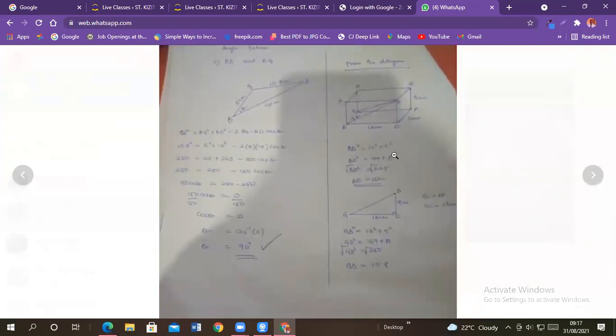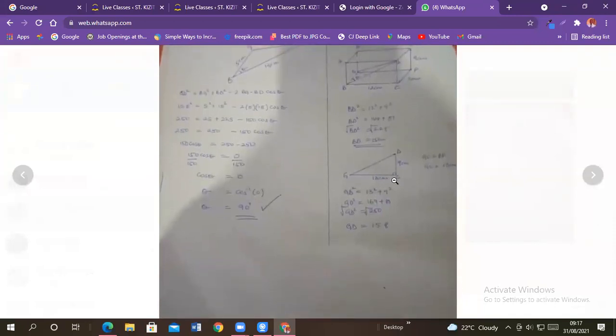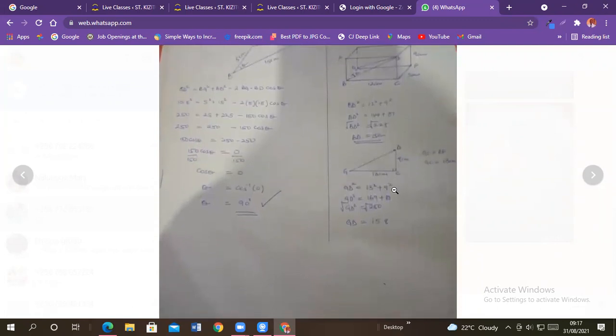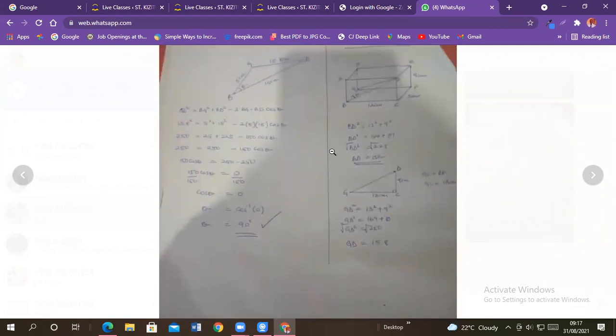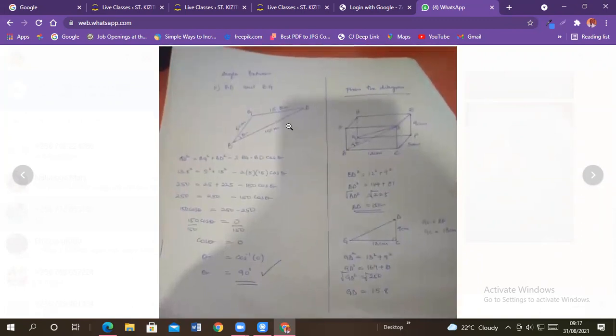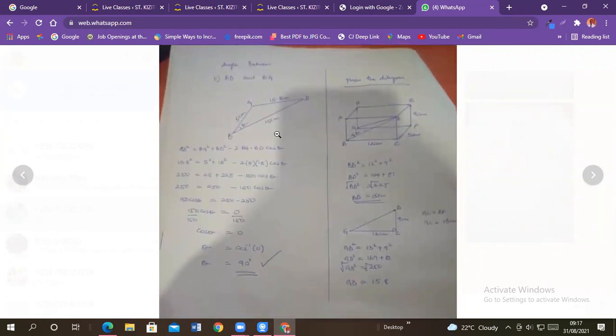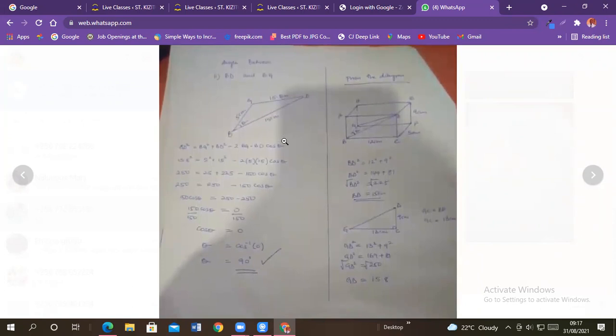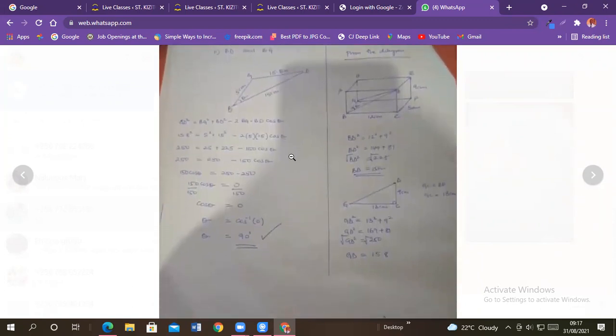BC was 13 centimeters, and you had to find BD. Remember that CD was 9. Once you have those sides, you have GD, and you have BG. BG was known as 5 centimeters, and BD you found is 15 centimeters.